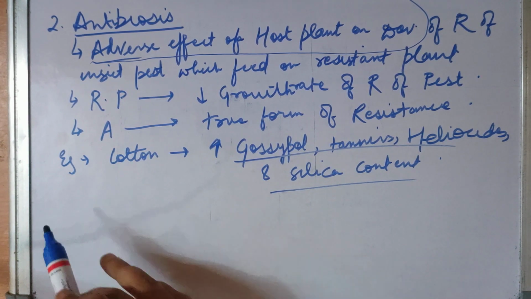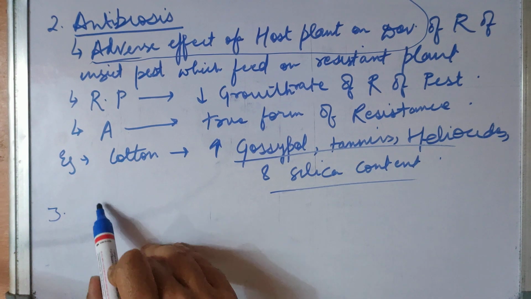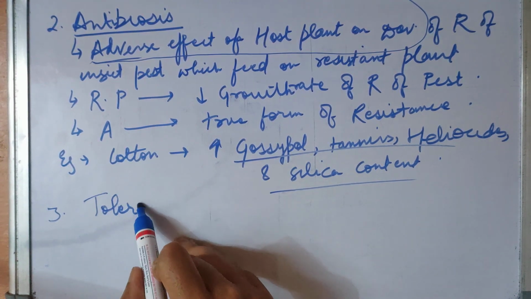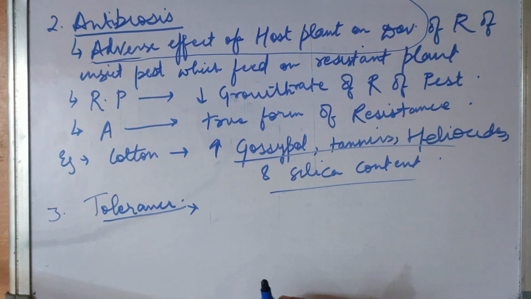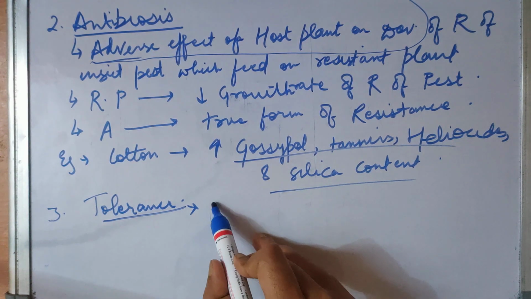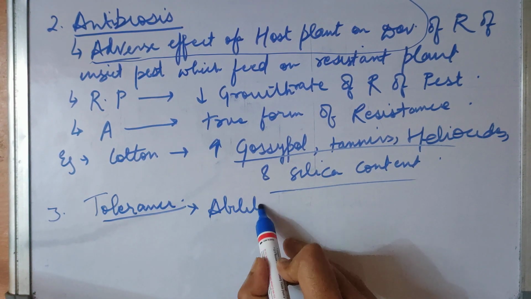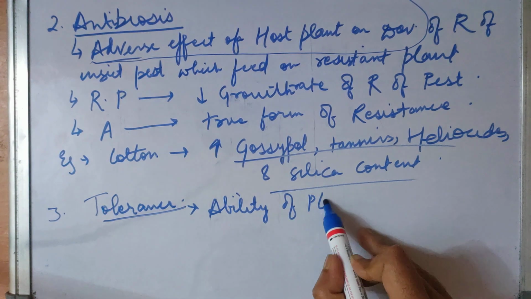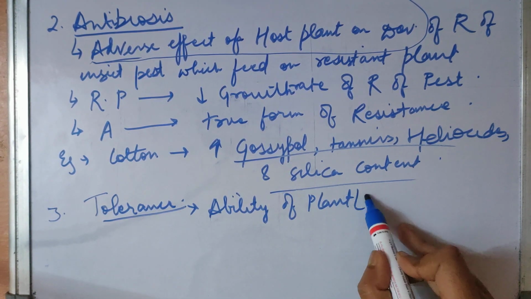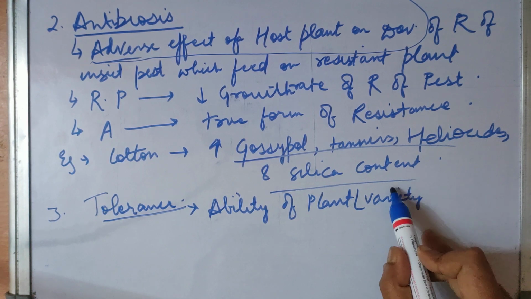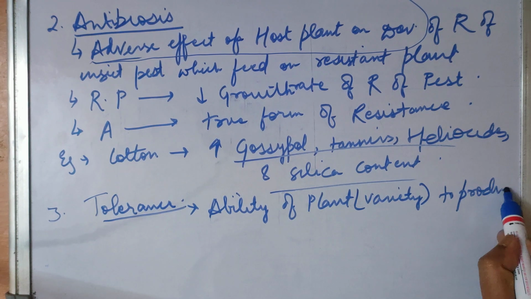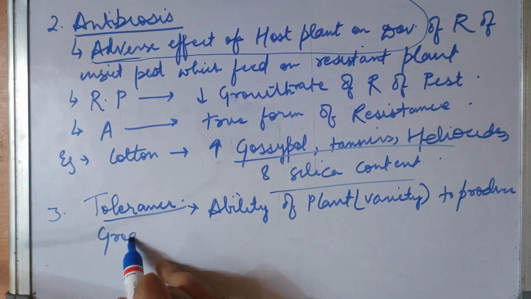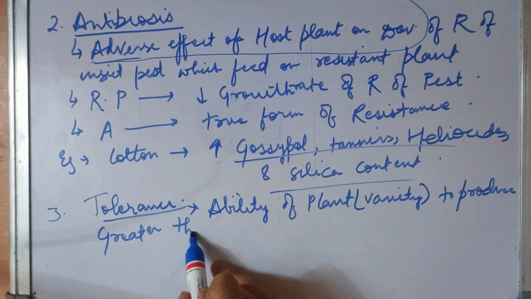Now moving on, the third one is tolerance. Third mechanism is tolerance. As the word says, to tolerate. So here it is the ability of plant or variety to produce greater than susceptible variety.